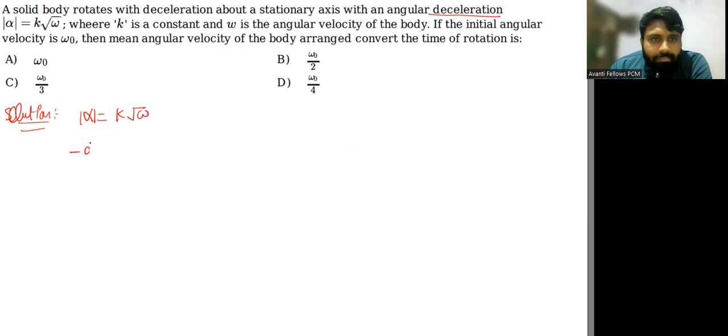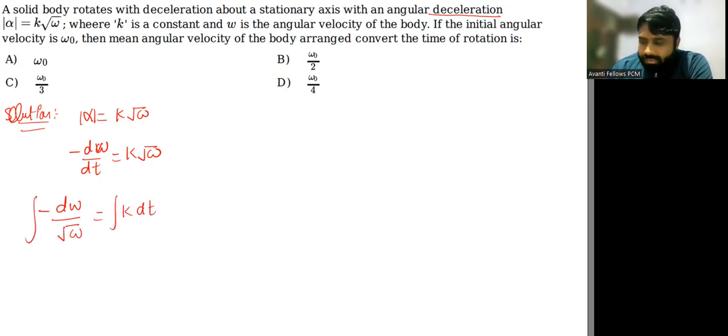Alpha you can take as minus d omega by dt, because it is a deceleration. So k root omega equals minus d omega by dt. So minus d omega by root omega equals k dt. Now we will integrate it. At time t equals 0, the velocity is omega naught at the initial time. So it will be omega naught.